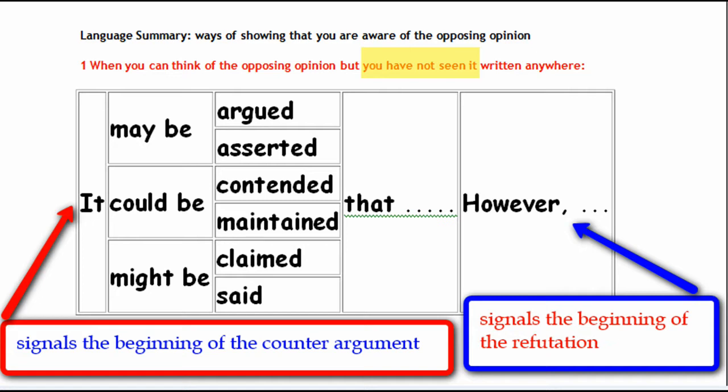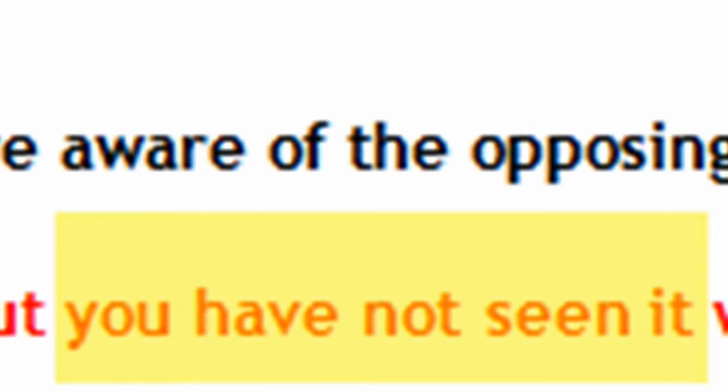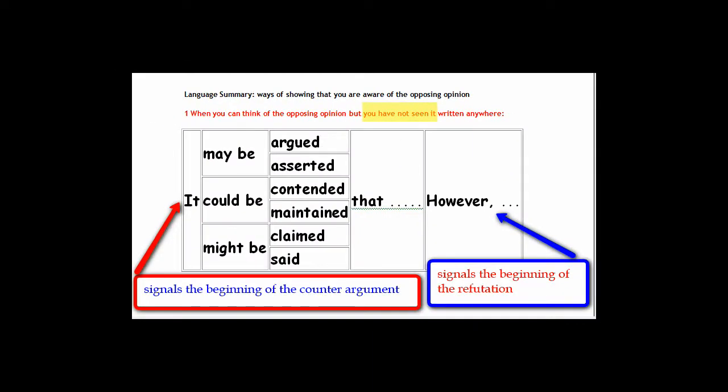Number one is this one here, when you can think of the opposing opinion or the counter-argument but you have not seen it written anywhere. In other words, it comes from your own mind and thinking and imagination.